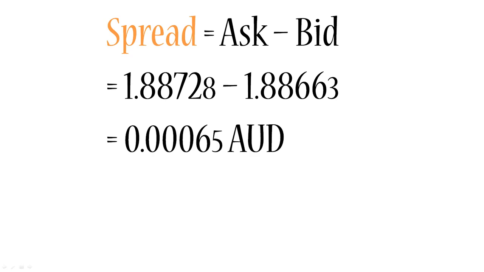So the difference of the ask and bid price in this case is 0.00065 units of the quoted currency, which is Australian dollar, and that equals 65 points. So let's remember that even in the 5-digit quotation system, a point is the minimum change that the currency pair can experience. In this case, the minimum change is 0.00001, and if you multiply that by 65, then you will get your spread. So the spread is 65 points.